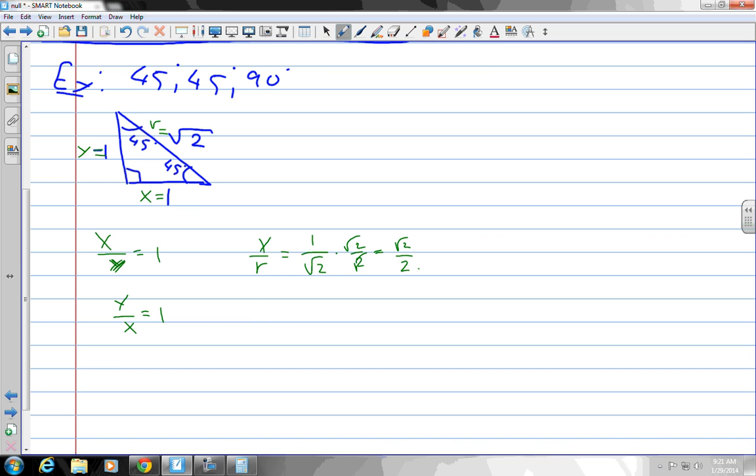At the same time, if I look at r over x, it will be square root of 2 over 1, so just square root of 2. Is that okay? And finally, I'll do y over r. It'll be the same, square root of 2 over 2, and r over y, just square root of 2.